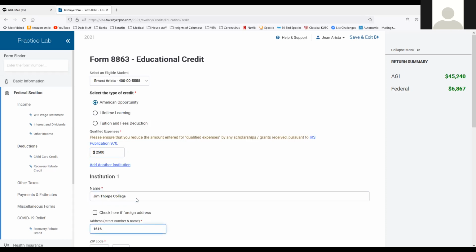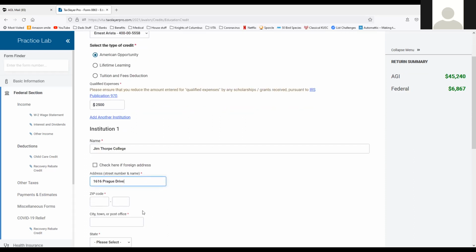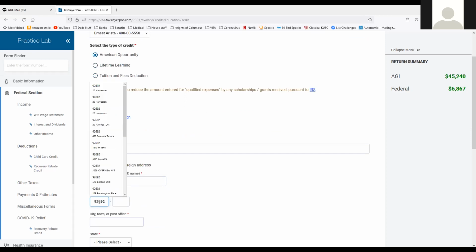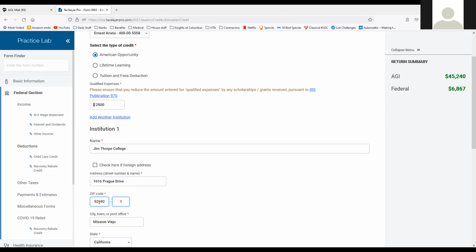But the other thing I like to do is request that the student print a year-end student statement. That's where I can catch a few other expenses that might not be on the Form 1098T.